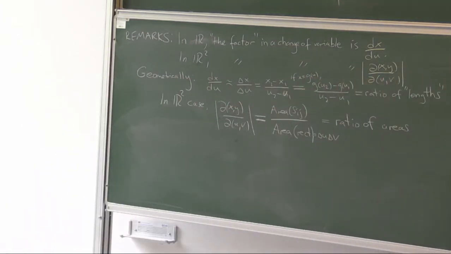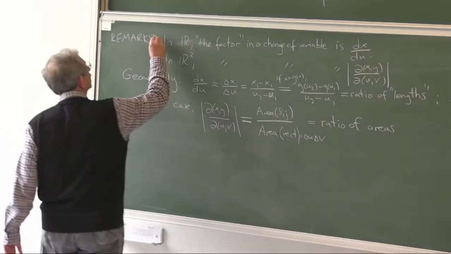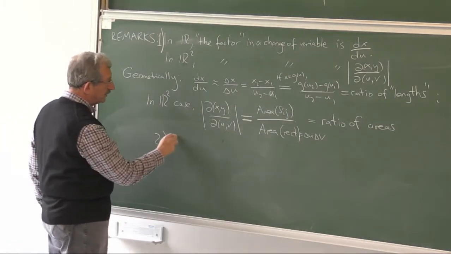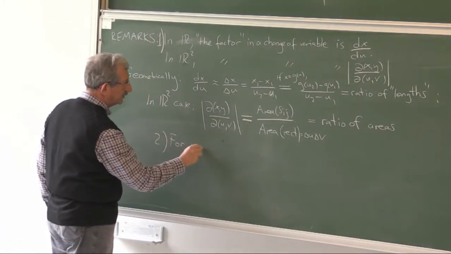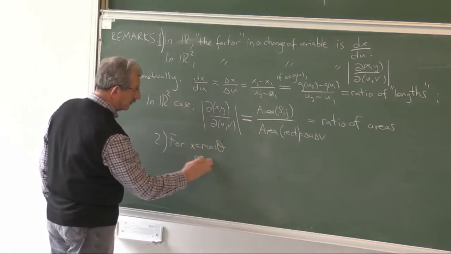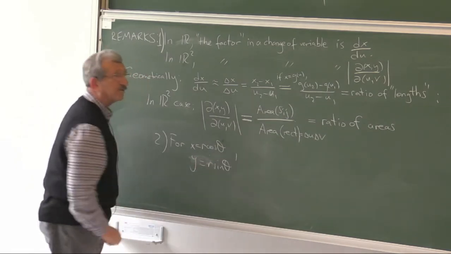Well, a second thing. So let this be the first remark. A second remark. For the transformation, x is r cosine theta, and y is r sine theta. That's the polar transformation.